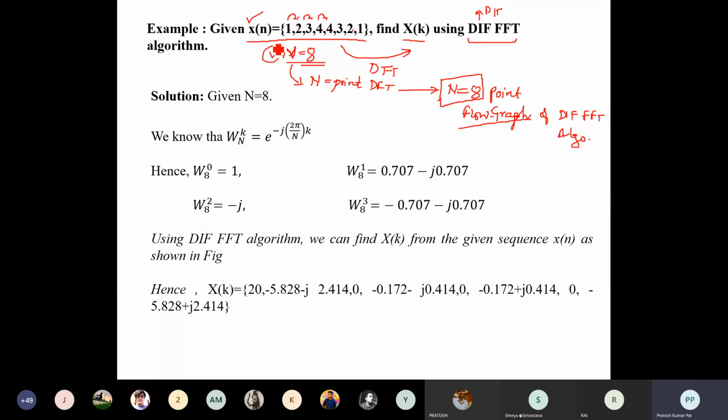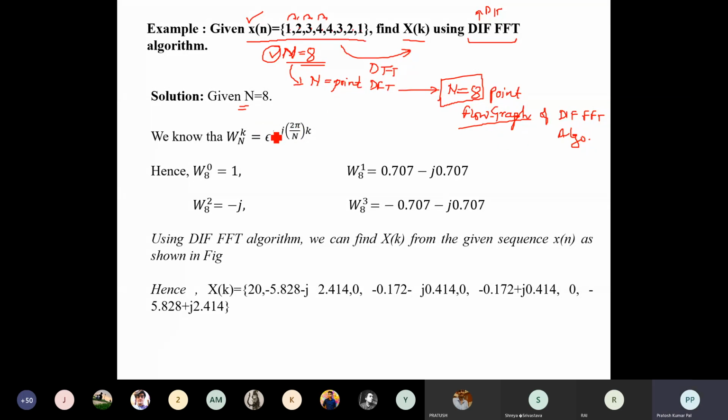So x of n is the given input with 8 samples, and we need to find its DFT.